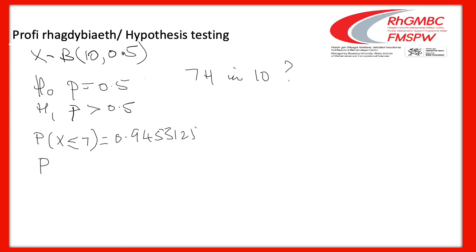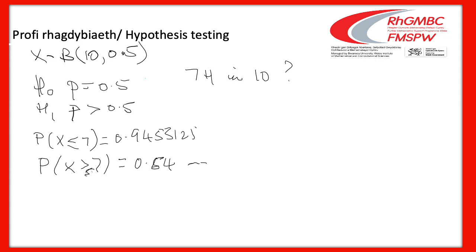So the probability of getting more than 7, I apologize, is going to be 1 minus that, which is a nice little number, 0.54 squiggly bits. All right, and that would probably lead me to suggest that my coin is not biased, because it could happen more reasonably.